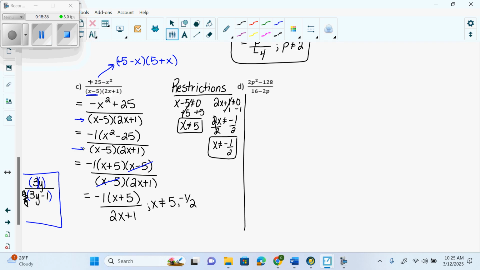It would fail here, it would fail here. The only place it wouldn't fail is finally in the last step, but it failed 3 times before it got there. Okay? So you have to state your restrictions for any time an x would fail. And that x equals 5 would fail in the first 3 steps, so it needs to be stated. So we have to understand why, not just memorize that I have to state before I cancel.